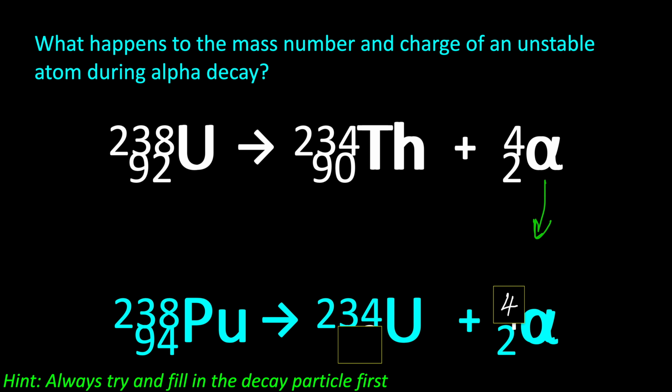Now let's try the atomic number. We have 94 on the left-hand side, and at the moment we have 2 on the right-hand side. Therefore, for this to be equal, our atomic number for this uranium isotope is 92.